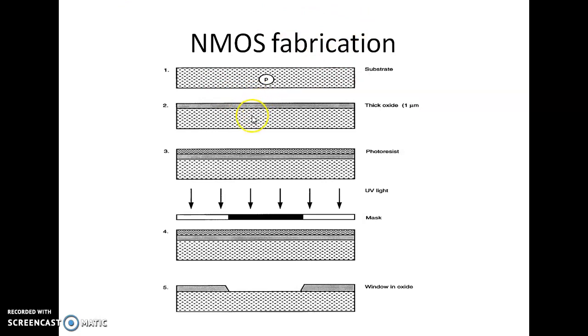Then mask 1 is used to pattern silicon dioxide to expose the silicon surface in areas where diffusion for source and drain are to be formed. So deposit thin oxide overall for the reason to form the diffusion mask. So thin oxide and thick oxide both are different.